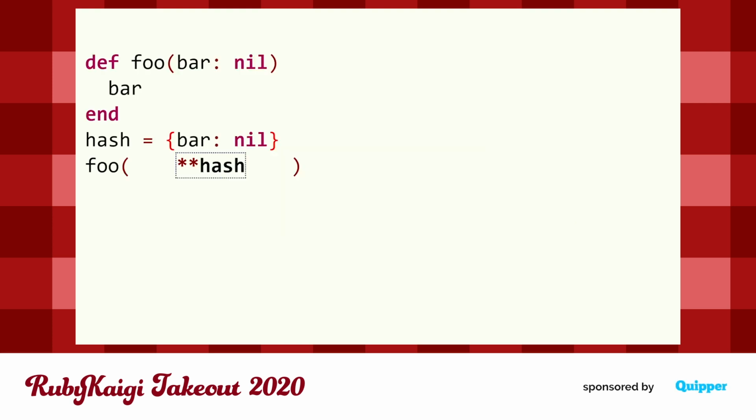Here's an example of calling a method that takes an explicit keyword with a keyword splat. This allocates a hash on the caller side, and here's a slightly modified method that accepts arbitrary keywords. This allocates two hashes, one on the caller side and one on the callee side. Now in both examples, I think it should be possible to avoid the hash allocation on the caller side. We can add a flag for whether the keyword argument passed during the method call is mutable.